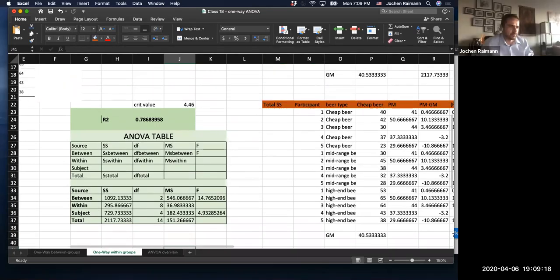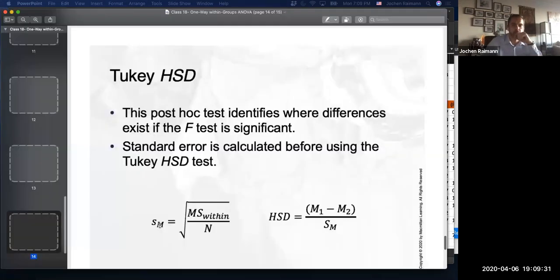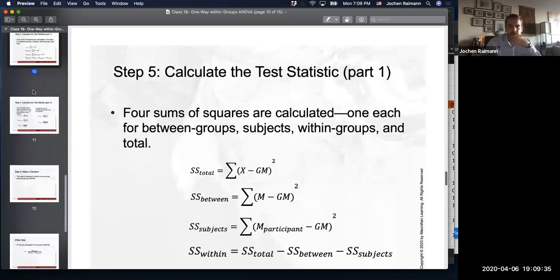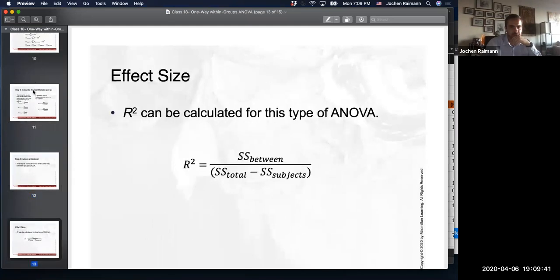Okay, so this is basically how you approach within-group ANOVA. And just some final words on how to approach this. So we've seen how to calculate the statistics.